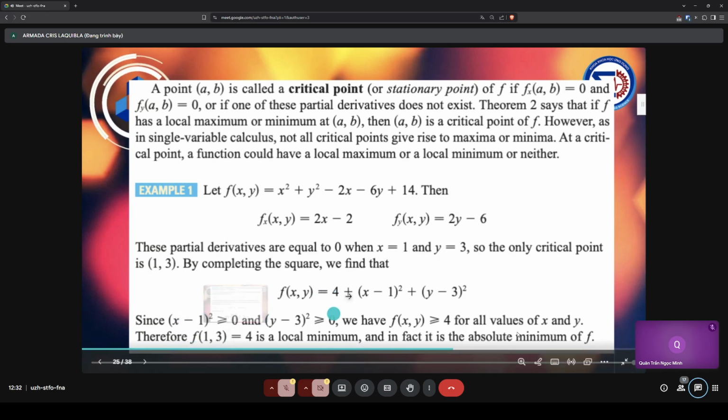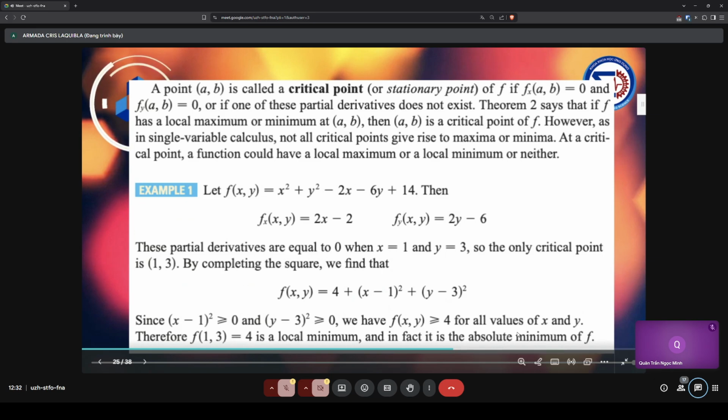If x is 1, 1 minus 1 becomes 0. If your y is 3, 3 minus 3 is 0. Square it, it's 0. So you are remaining with the number 4 there. So f of (1, 3) is equal to 4, a local minimum. And in fact, it is the absolute minimum of f.